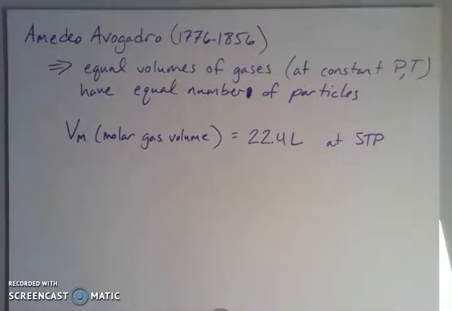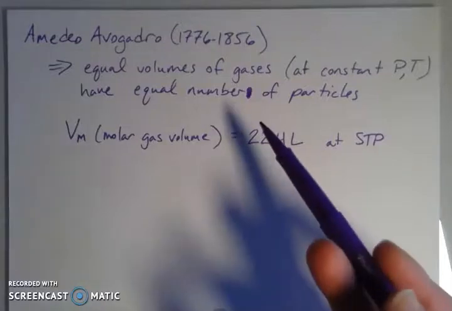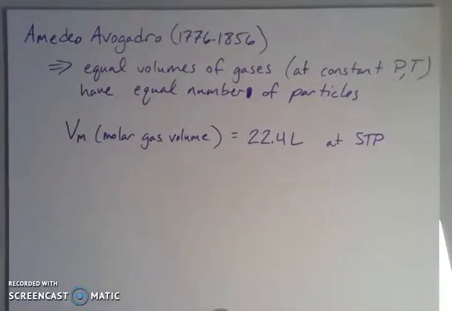And what he ended up saying, and this is Avogadro's law, is that equal volumes of gases, if I have a constant pressure and temperature, have an equal number of particles. So equal volumes have an equal number of particles. And so what he could say is, regardless of the identity of the gas, 1 mole of that gas is always going to have the same volume at STP.